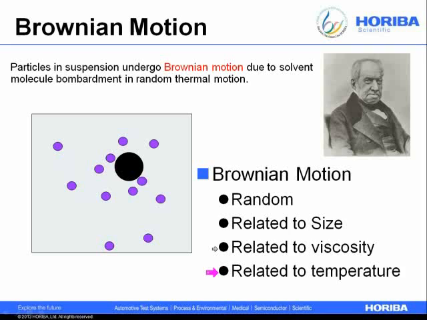And this relationship to viscosity comes up when you think about temperature and when you make a measurement. The random motion is important because when you do the calculations, you assume your particles are what are known as freely diffusing. And if they're not, you'll see results that don't make sense if you interpret them in terms of size.